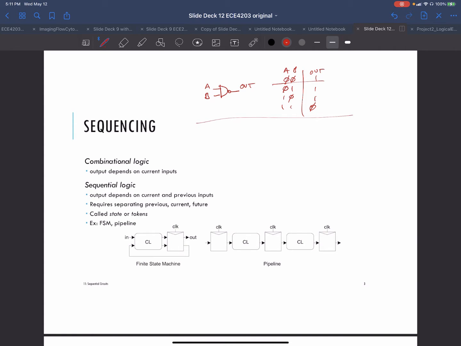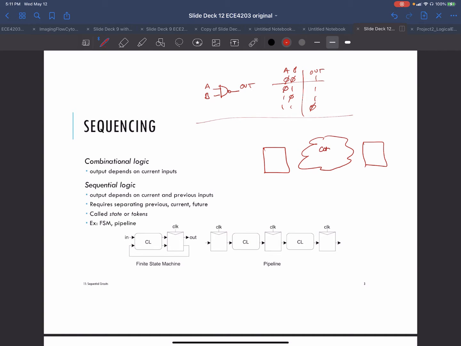Sequential circuits are a very important part of the design. What they typically end up doing is buffering or surrounding combinational circuits.